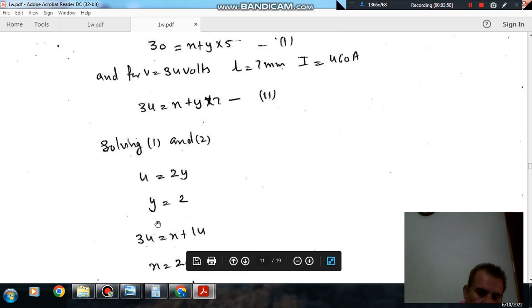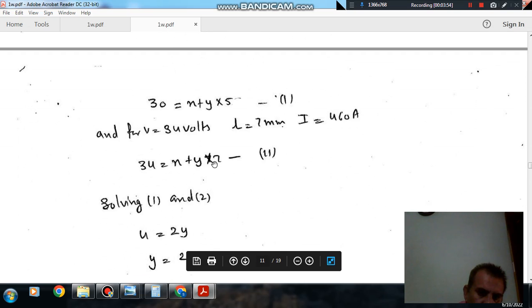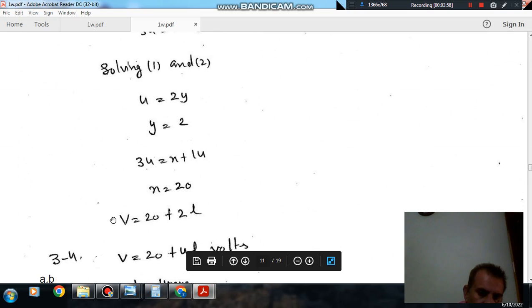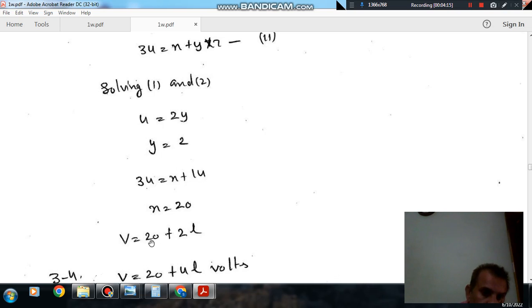If you put y is equal to 2, then x will be 20. So the characteristic equation will be V is equal to 20 plus 2L, with x equal to 20 and y equal to 2. So the answer is the characteristic equation of the arc is V is equal to 20 plus 2L, option A.